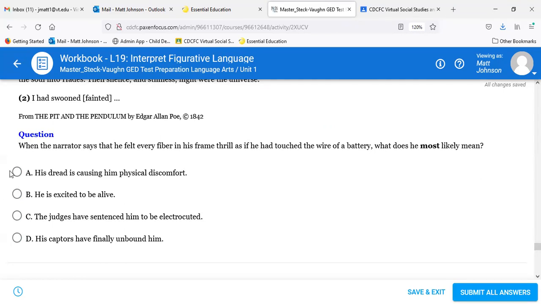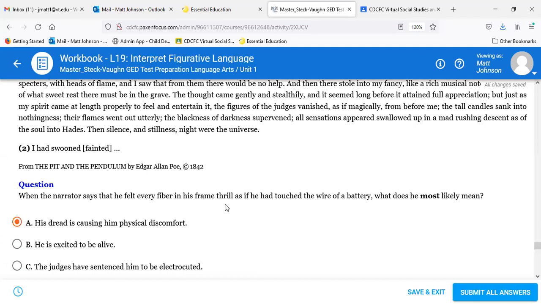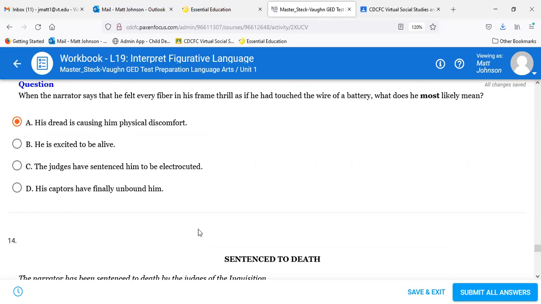It's A. We've all experienced anxiety or nervousness that manifests itself into physical pain. So that's what he's experiencing here. A really sharp one, like if he's going to touch the wire of a battery. That's going to give you quite the pain for sure.